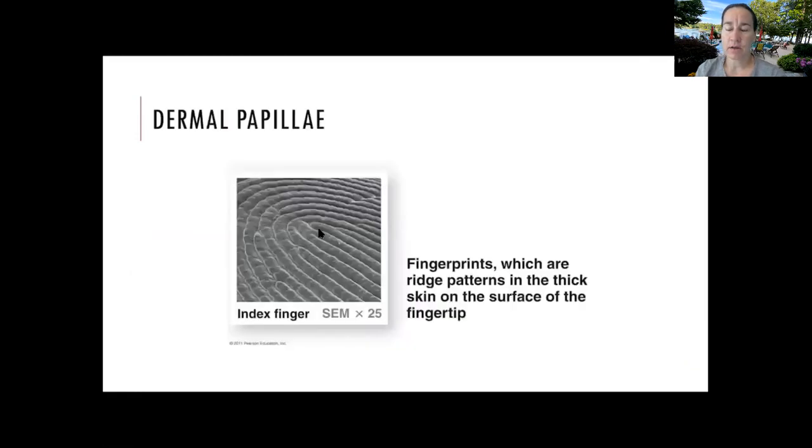Here is a great picture of dermal papillae. That's what gives us our fingerprints, the dermis projecting up on the dermal papillae, causing those fingerprints that we have in the thick skin on the palms of our hands and the soles of our feet. We can really make out the dermal papillae.